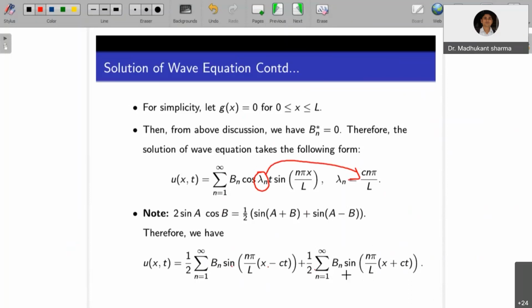Now, what is Bn? Bn is nothing but the Fourier series coefficient of f of x.